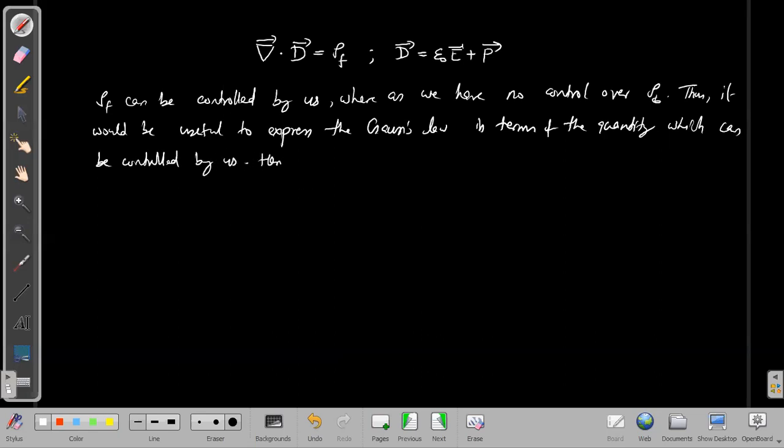So hence we use D instead of E in case of dielectrics. Okay, so we have del dot D equal to rho F.